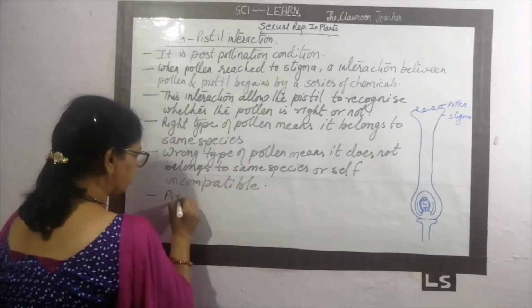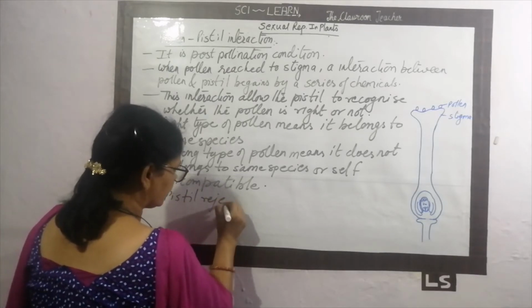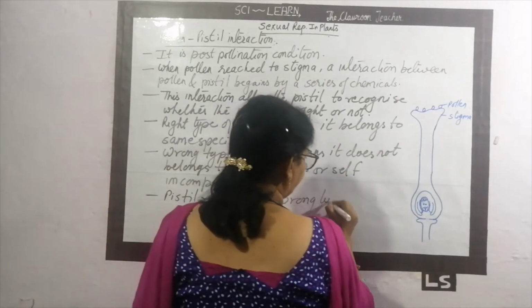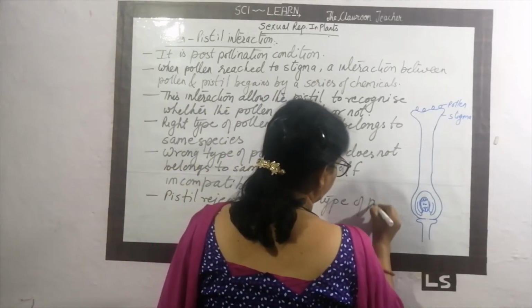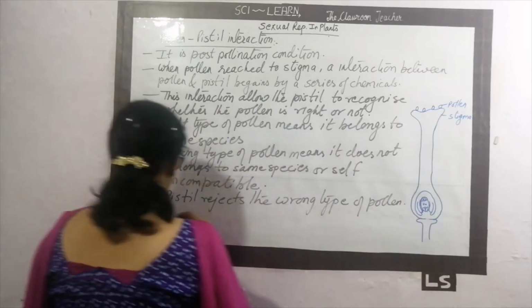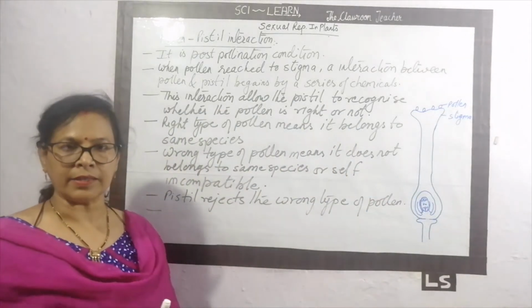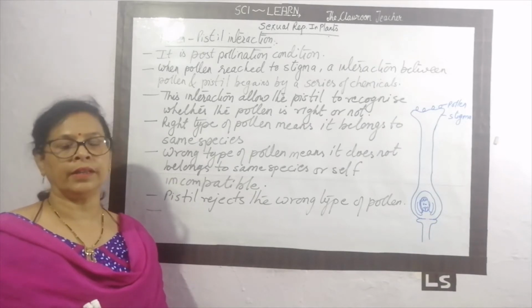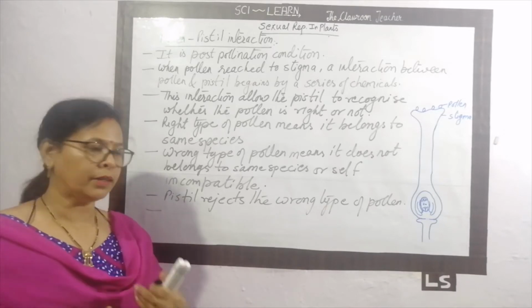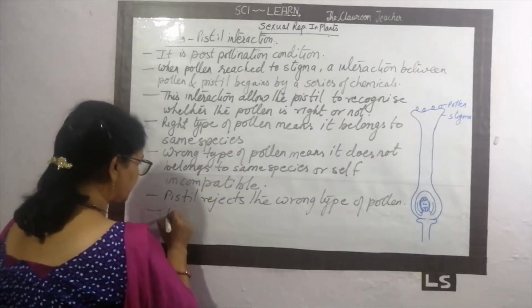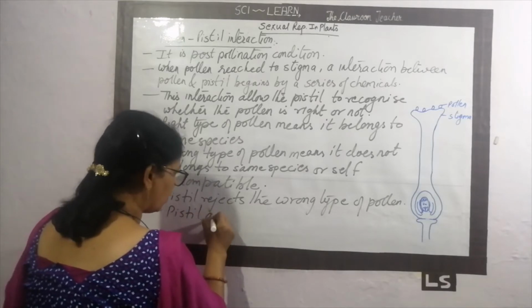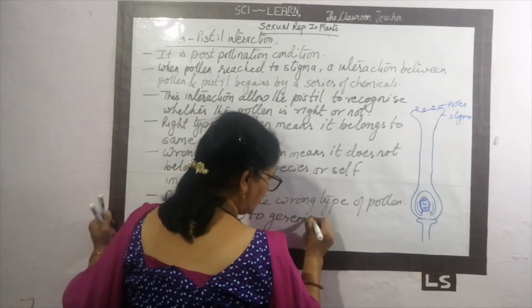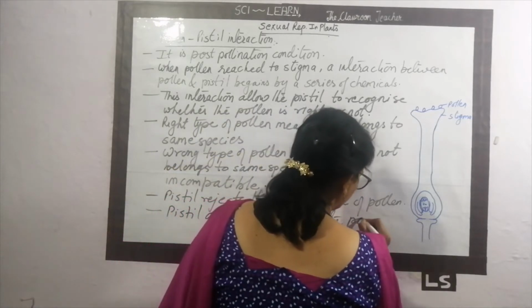But if the pistil recognizes that the pollen is right, it allows the pollen tube to germinate.